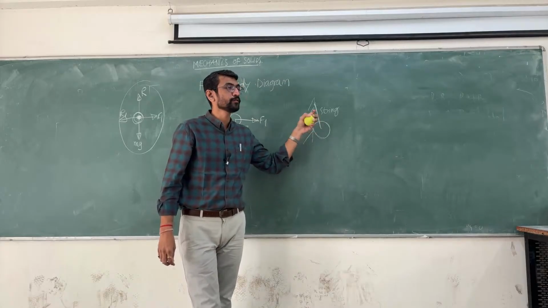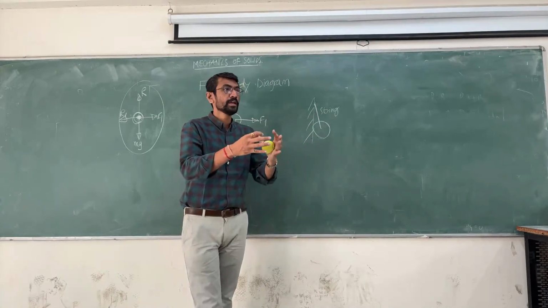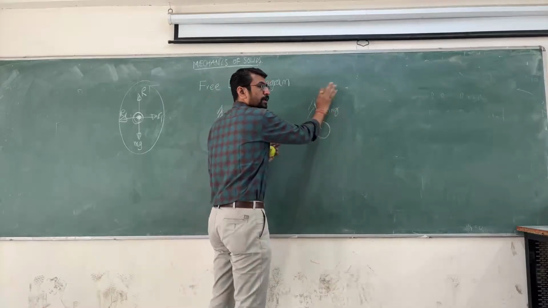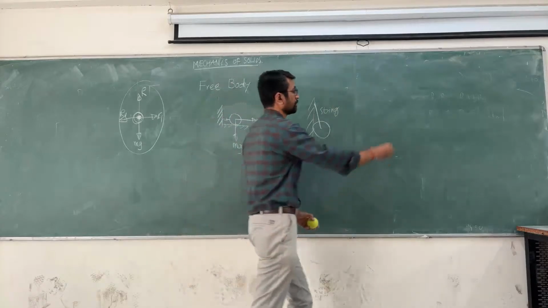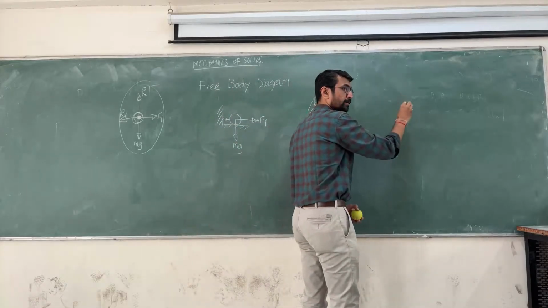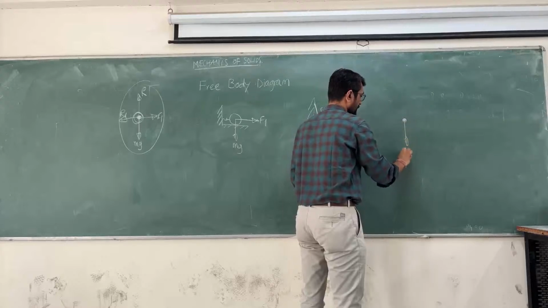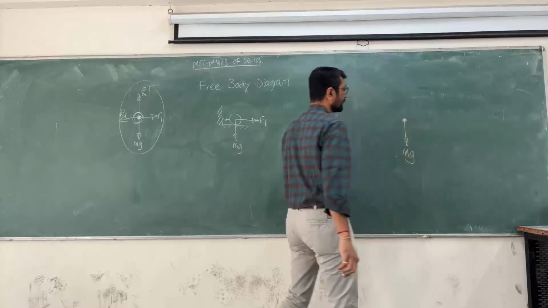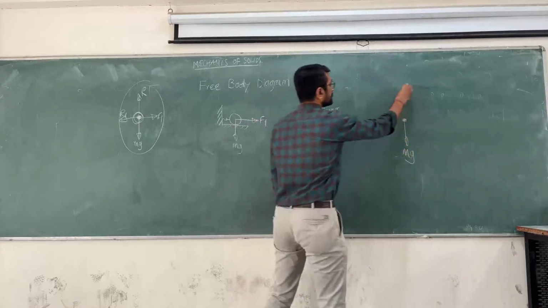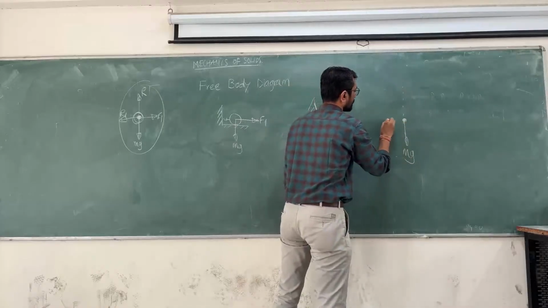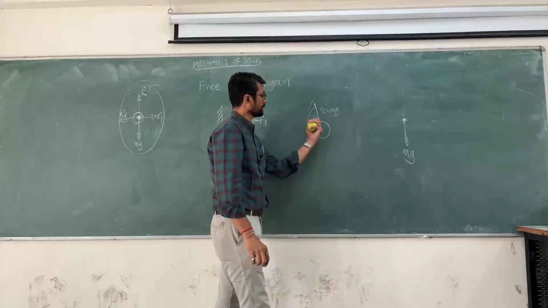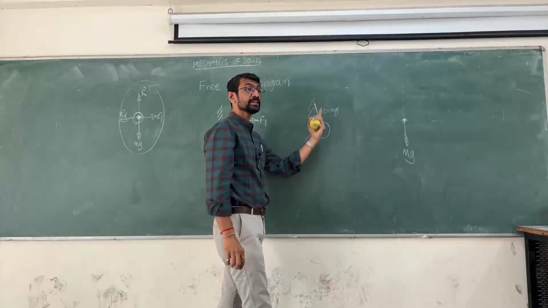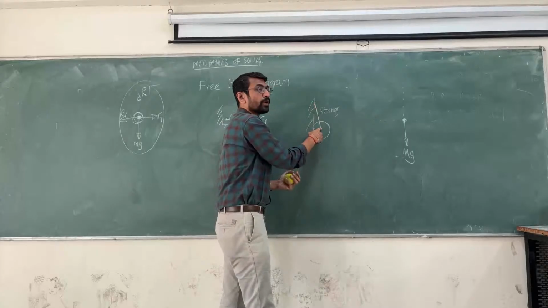Now tell me, what are the forces which are involved in this equilibrium force system? Let us consider this as a free body. First is the weight, this will definitely act. Okay, then the tension in the string, which is resisting this ball from falling.